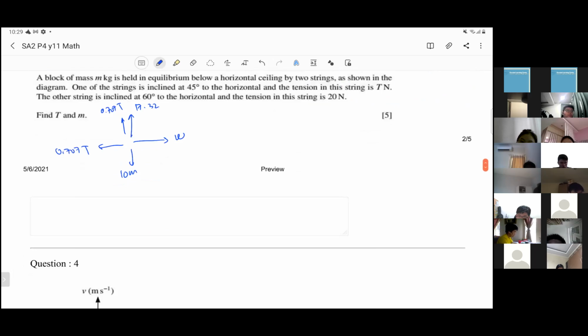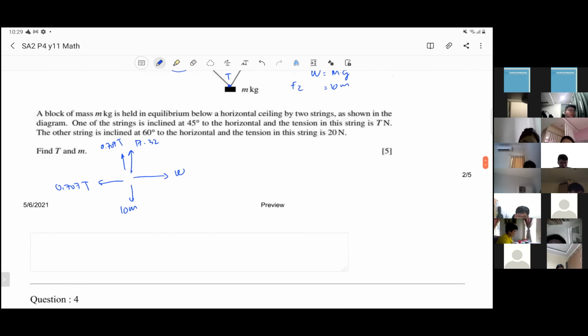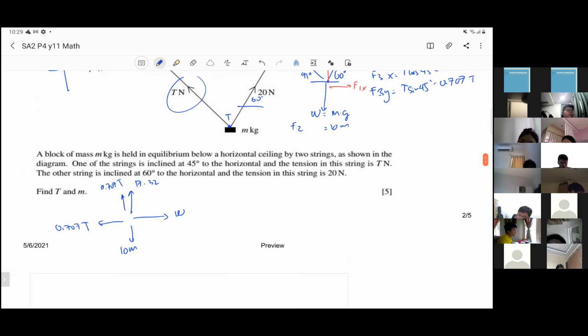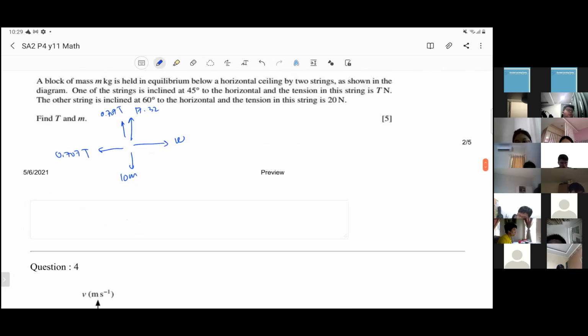Now, we can practically forget the original question here, because our diagram will be able to answer the question now. With this, we're going to have the summation on the axes. Sum on the x-axis is simply 0.707 T is 10.